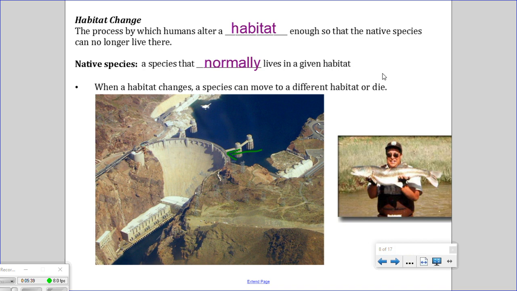When a habitat changes, a species can move to a different habitat, or if it can't adapt to these changes, it will die, and population levels can drop dramatically. And so habitat changes can include things like dams. So the Hoover Dam controls the flow of the Colorado River, and this has affected populations of fish.